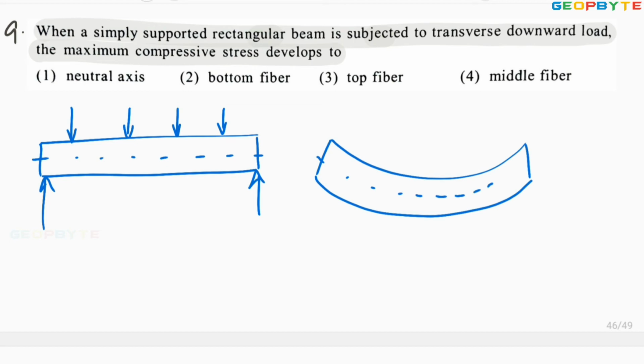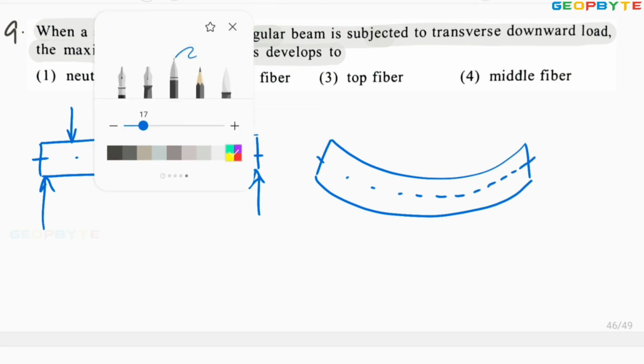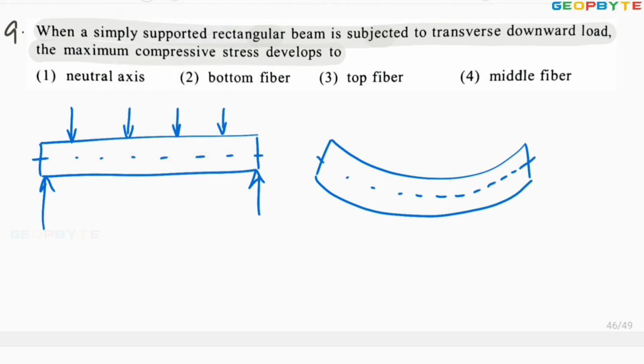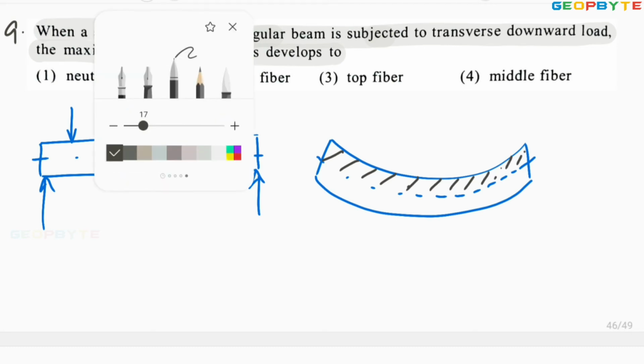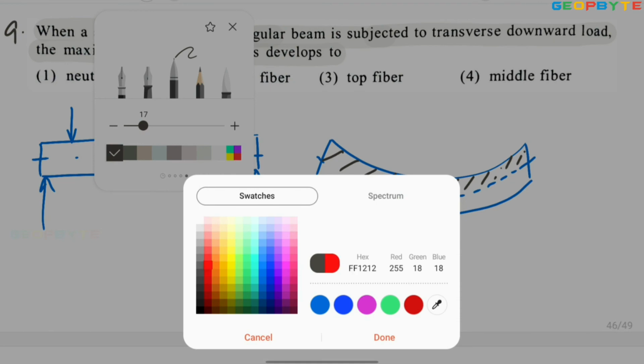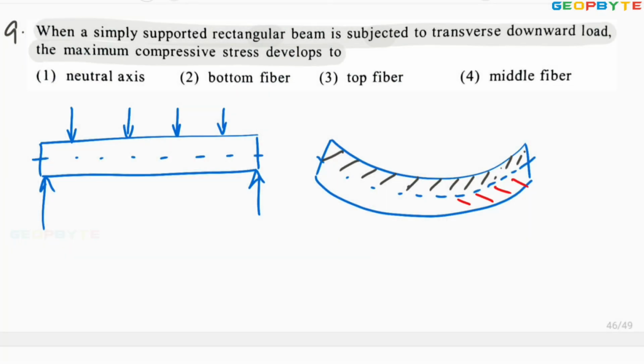With respect to the neutral axis or central axis, the upper layer is subjected to compressive stress, and the bottom layers, also called down layers, are subjected to tensile stress because tensile force is acting in the down layers.